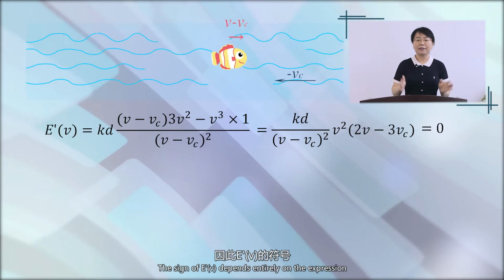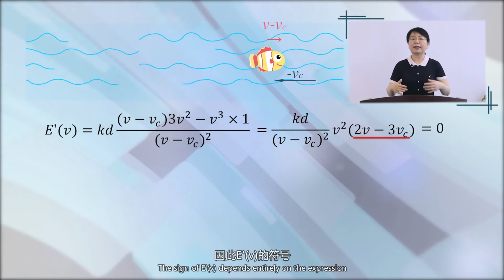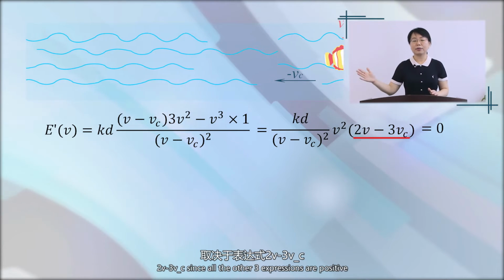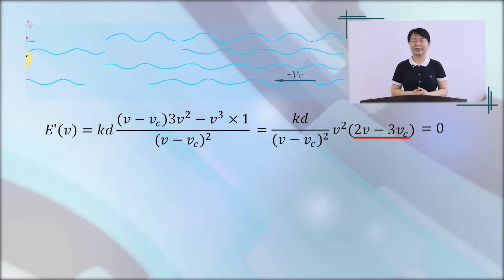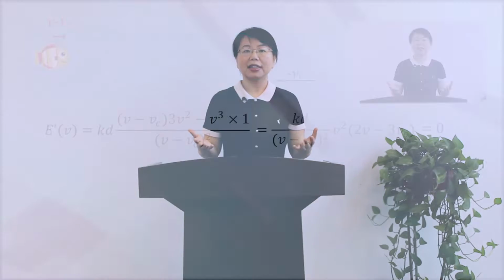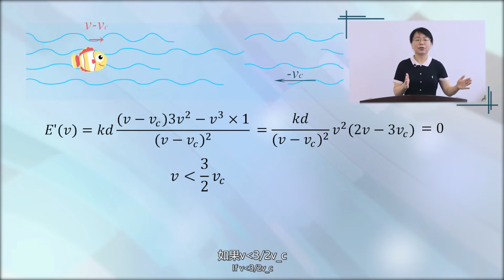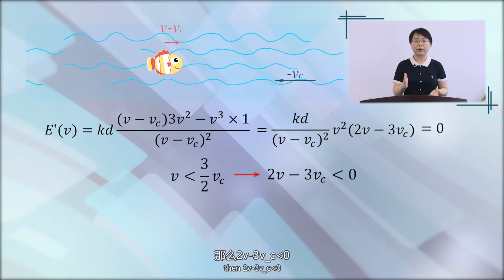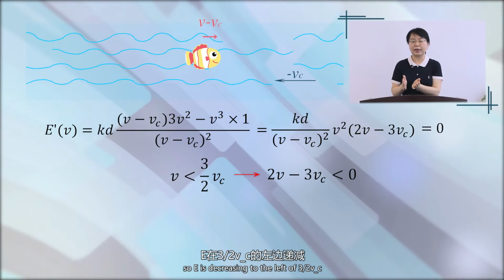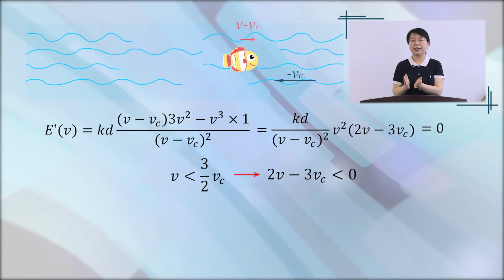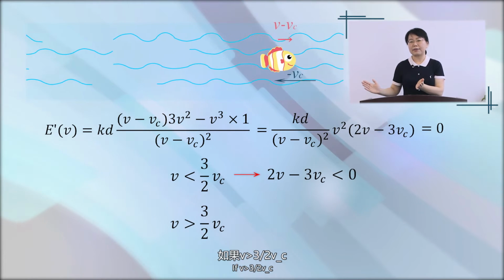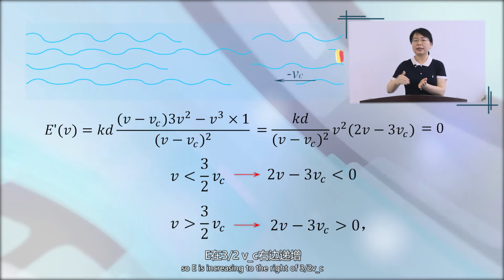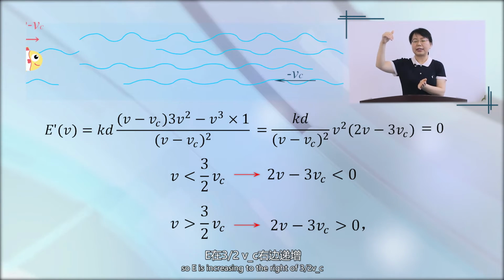Here, the sign of E prime v depends entirely on the expression 2v minus 3 v sub c, since all the other three expressions are positive. Now we can check. If v is less than 3/2 v sub c, then this factor is less than 0, so E is decreasing to the left of 3/2 v sub c. And if v is greater than 3/2 v sub c, then this factor is greater than 0, so E is increasing to the right of 3/2 v sub c.